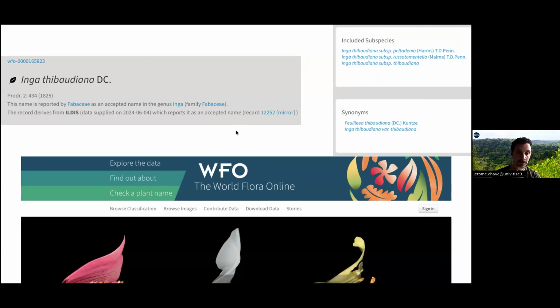I said a few words about Wildflower Online. This is a very interesting new project, which is based on expertise at the plant family level, from a large number of experts. And this is moving forward quite quickly, meaning that every 6 months there is a new version of this database, and the version includes all sorts of synonyms for each species in the collection.